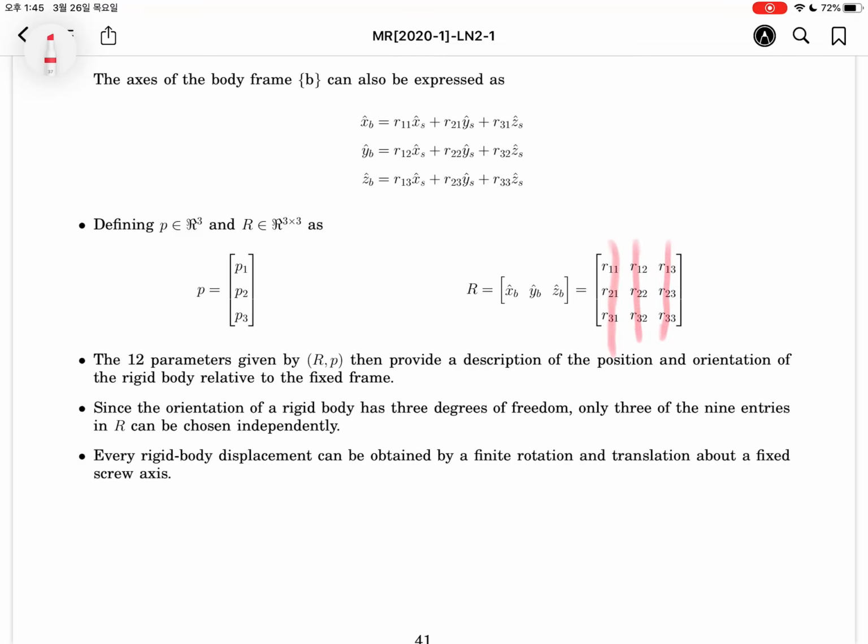Like this, we can get the pair of R and P to describe the position and orientation of a rigid body in three-dimensional physical space. In this case, we will extend the position and orientation. You should remember that 12 parameters are used to describe this one and this one, but only 6 elements are independent.